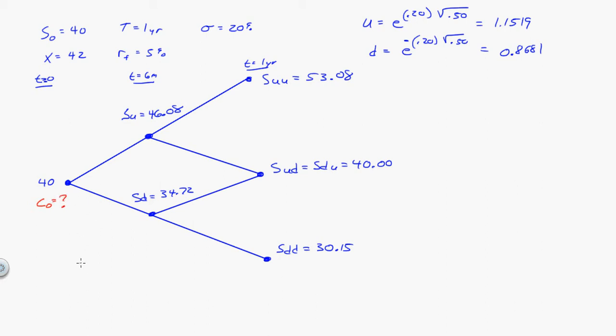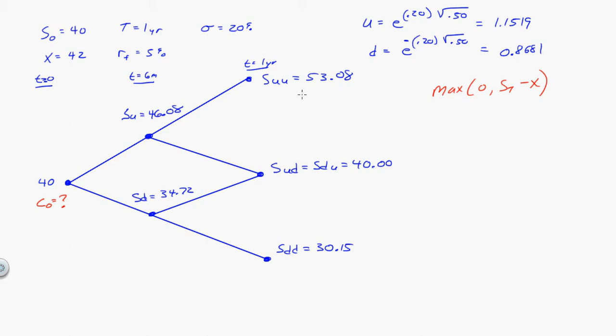Well, the way I do this is I start in the back. I start in a year and move back through time, because I know the payoff to the call is a max of 0 and ST minus X. Now, if you tell me what ST is, so these are my three possibilities for ST, I could tell you the value of the call with no question.